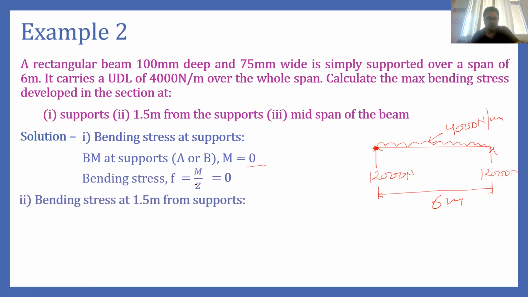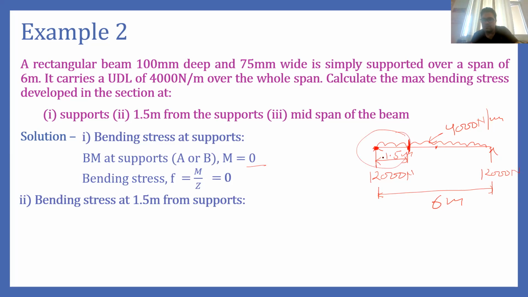Now we will find bending stress at 1.5 meter from the support, which is not the mid span. We are required to find the bending moment at this point, so we will separate this part of the beam from the whole beam.